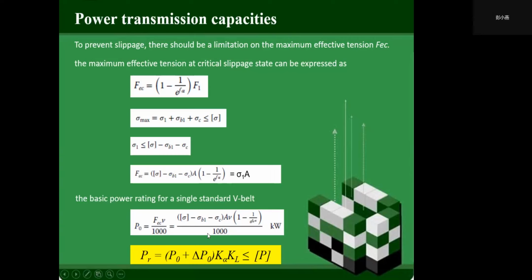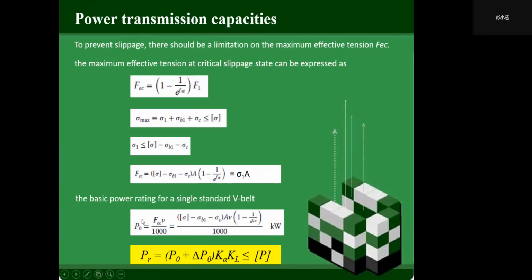The contact angle and belt length are different from the specific test condition, and the actual power acting on a single weight belt is as this: P0 plus delta P0, times K alpha and KL, and should be less than the allowable power.